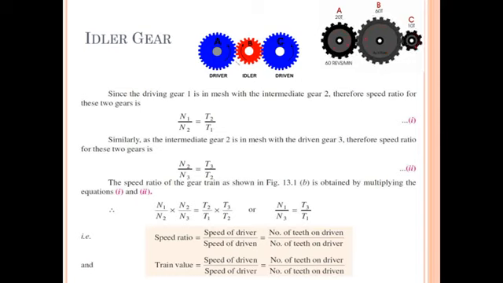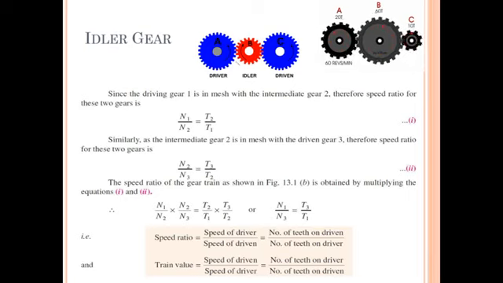But this has the disadvantage that two large sized gears are used, which consume a larger area. Because of that, we can use the second method, providing one or more intermediate gears, and these intermediate gears are called idler gears.